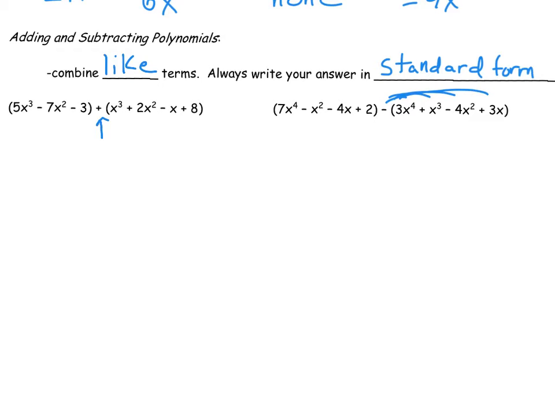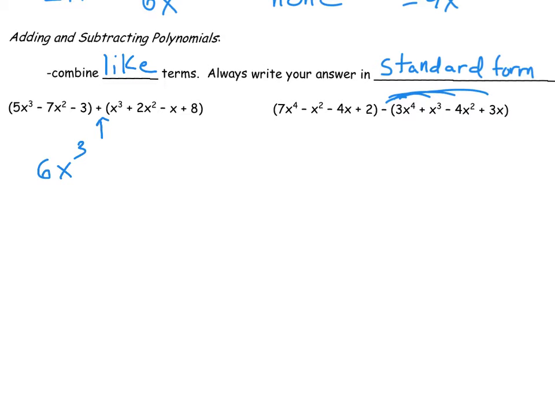Okay, so the like terms that you would combine are based on the powers. Okay, so I see a 5x to the 3rd and an x to the 3rd. Those two could go together. I'm going to go right to standard form here because I can see there's no power higher than 3. For x squared, I got a negative 7 and positive 2.